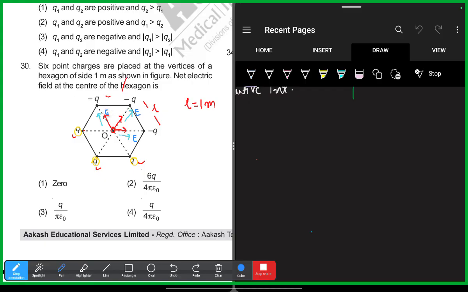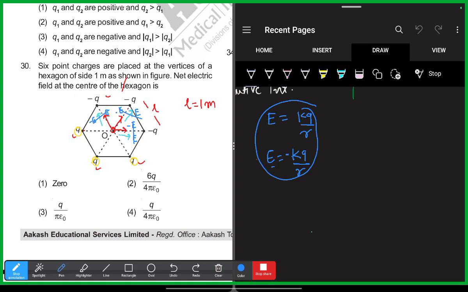Due to the negative charges, the electric field would be minus E and minus E. The electric field is given by KQ divided by R. Due to a positive charge it is positive KQ upon R, and due to a negative charge it is minus KQ divided by R. So they cancel each other out.